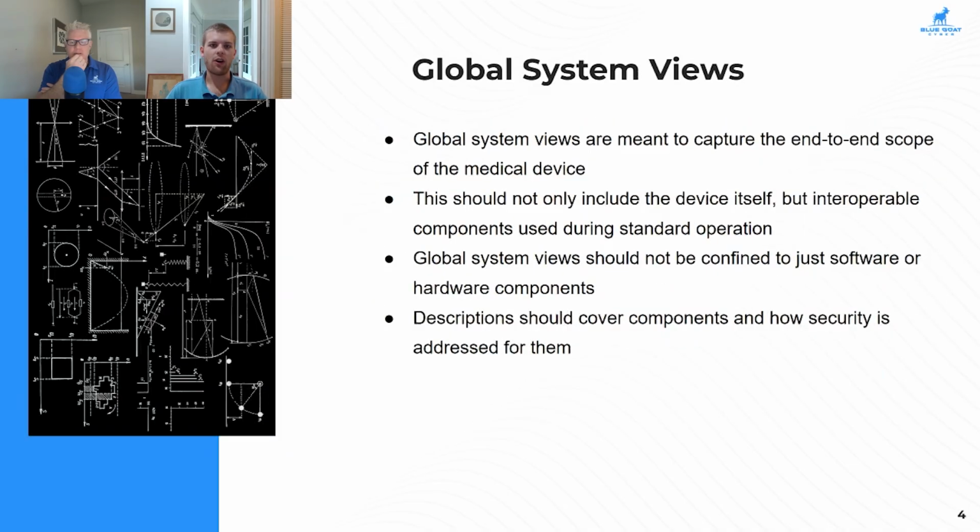Global system views are, as I mentioned, meant to cover the end-to-end scope of the medical device. When we're saying end-to-end, this is everything that could be foreseeably seen to interact with the device during normal operation, all standard users, any interoperable components. It needs to cover everything that will be involved with the device ecosystem, even if the manufacturer doesn't control it.